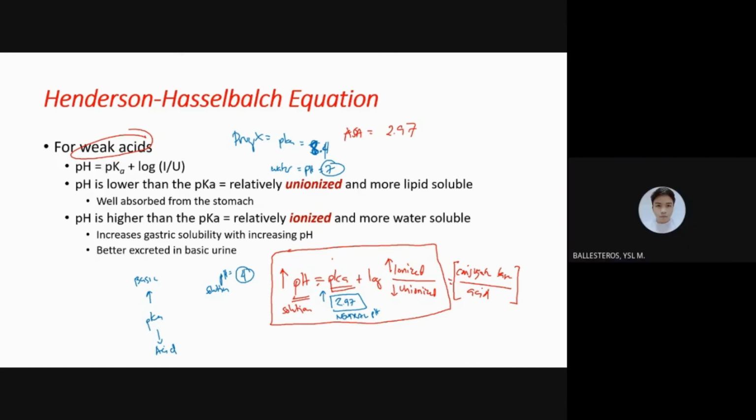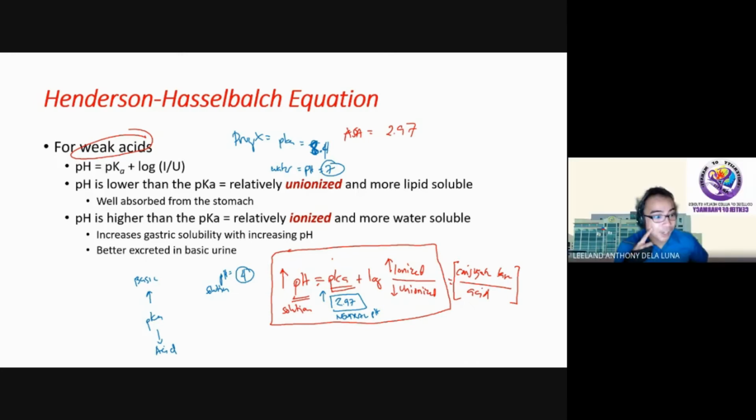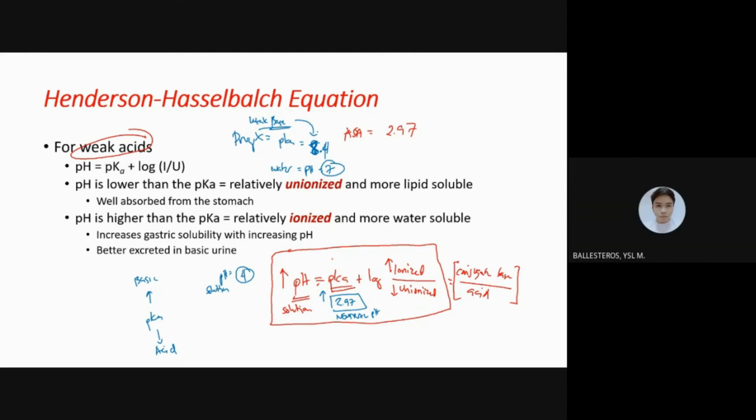Para lang kay drug X. Acid po. Very good. Para kay drug X, acid na si water. Acidic na si water para sa kanya. So therefore, if I expose drug X, which is a base, sabi natin weak base to, whose pKa is 8.4, i-expose ko sa water, anong mangyayari sa drug X ko? Will it exist in its ionized or unionized? Unionized po, sir. Unionized? Okay, tingnan nyo to, ha.